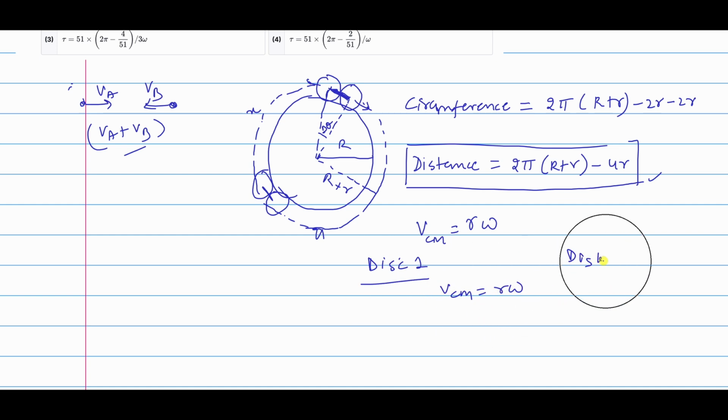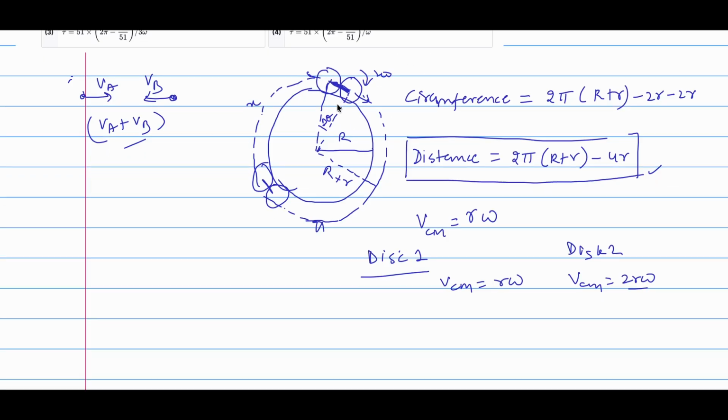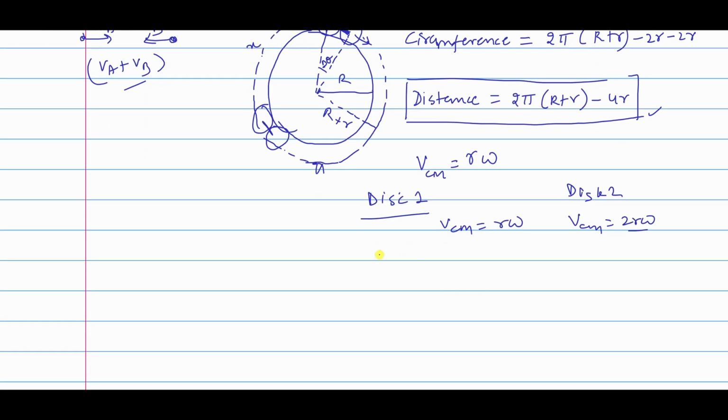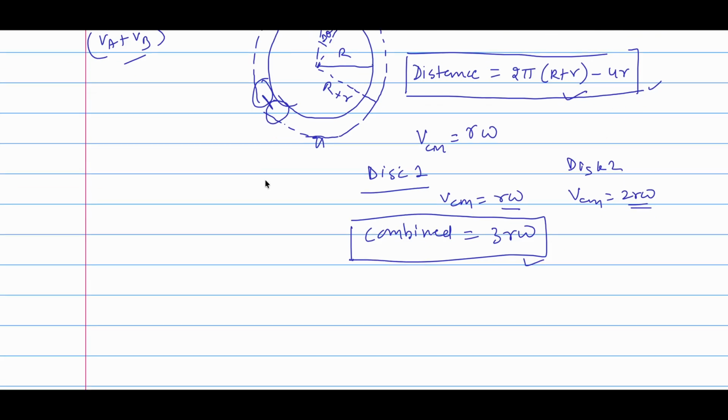For disk 2, v center of mass is equal to 2r omega, because it is moving with 2 omega. So the combined velocity will be r omega plus 2r omega, equal to 3r omega. We know the distance and we know the velocity, so we can find the time period.